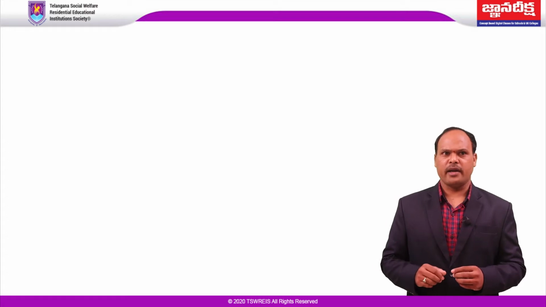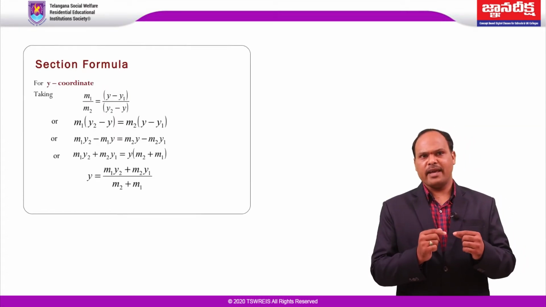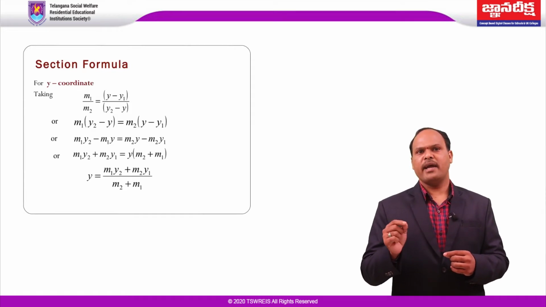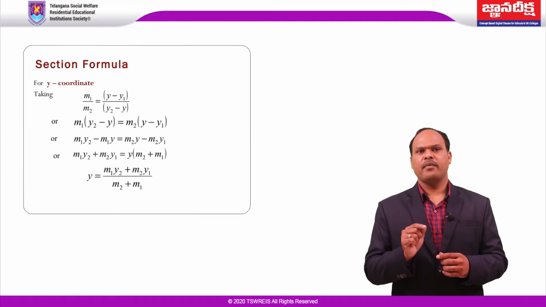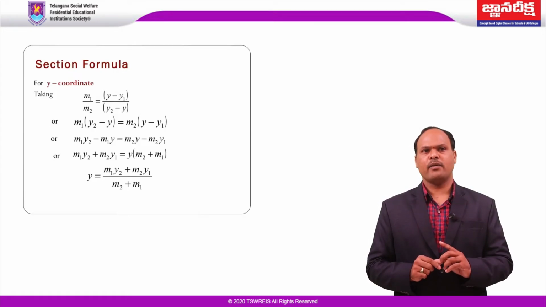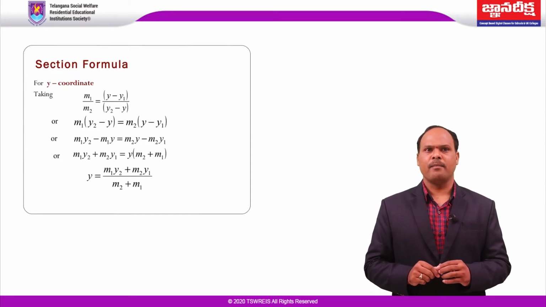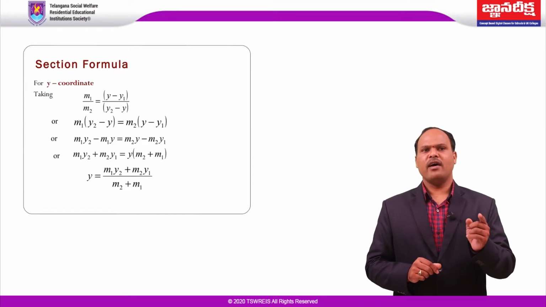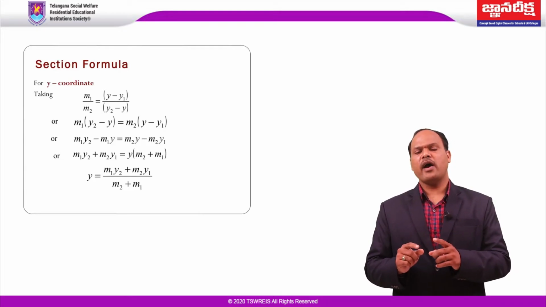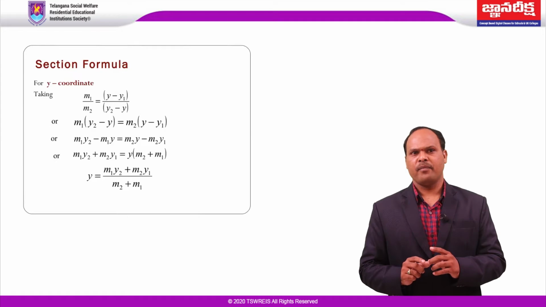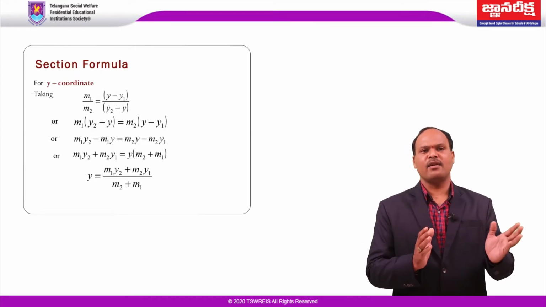Now what about the y coordinate? To get the y coordinate, we need to equate m1 by m2 is equal to y minus y1 by y2 minus y. Do cross multiplication. m1 into y2 minus y is equal to m2 into y minus y1. Then if you multiply, m1y2 minus m1y is equal to m2y minus m2y1. Here also I need the y term. So y terms take one side, remaining send one side.